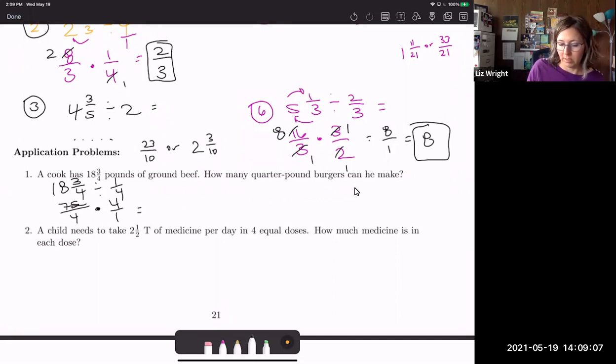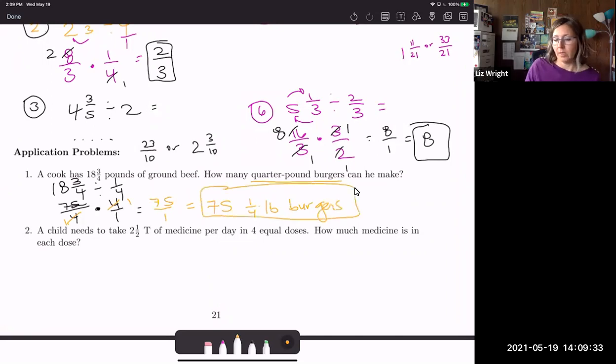And I would totally reduce on this one. Look at how easy that gets. 4 over 4 reduces to 1 and 1. So we get 75 over 1. And we get 75. Well, what does that even represent? 75 what? That's how many quarter-pound burgers we have. So that's 75 quarter-pound burgers that we can make.